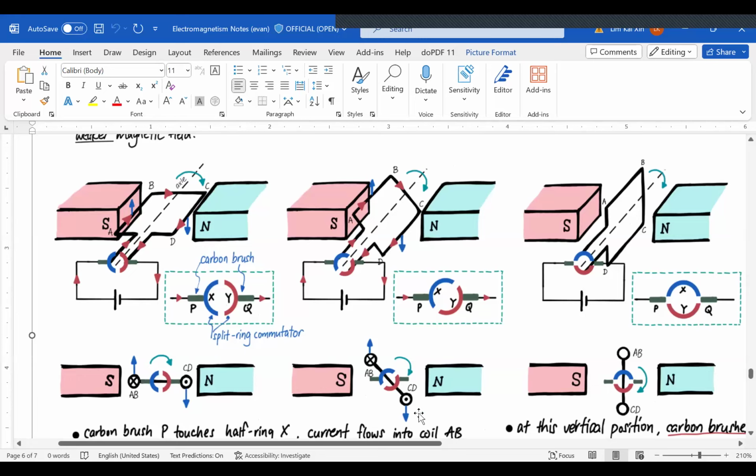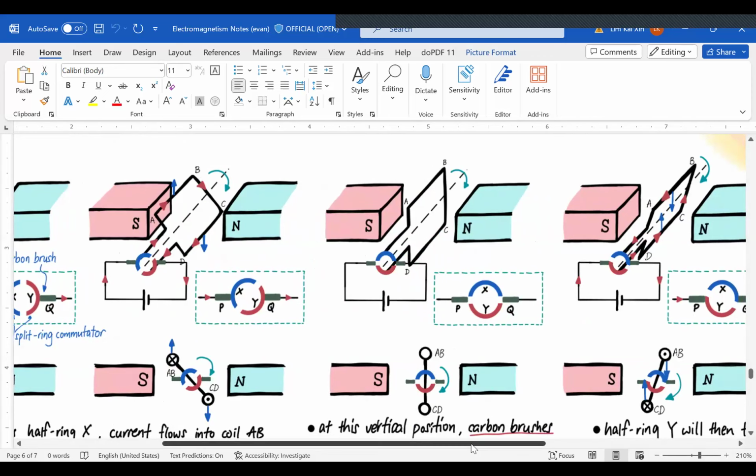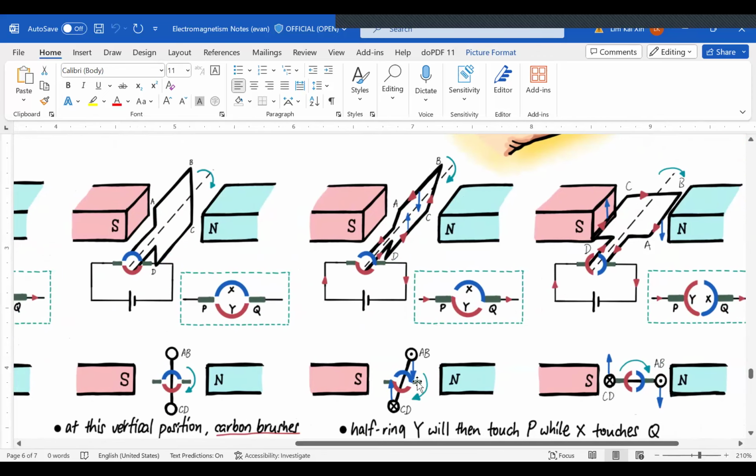The coil has now become DC instead of AB. On this side, the current is still going into the paper, and on the right-hand side, the current is still coming out of the paper, because of the split ring commutator.